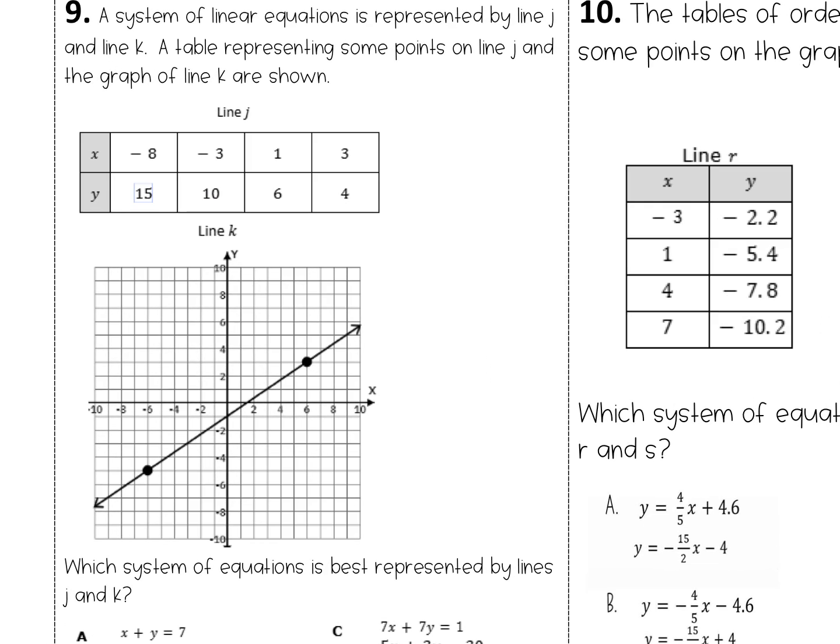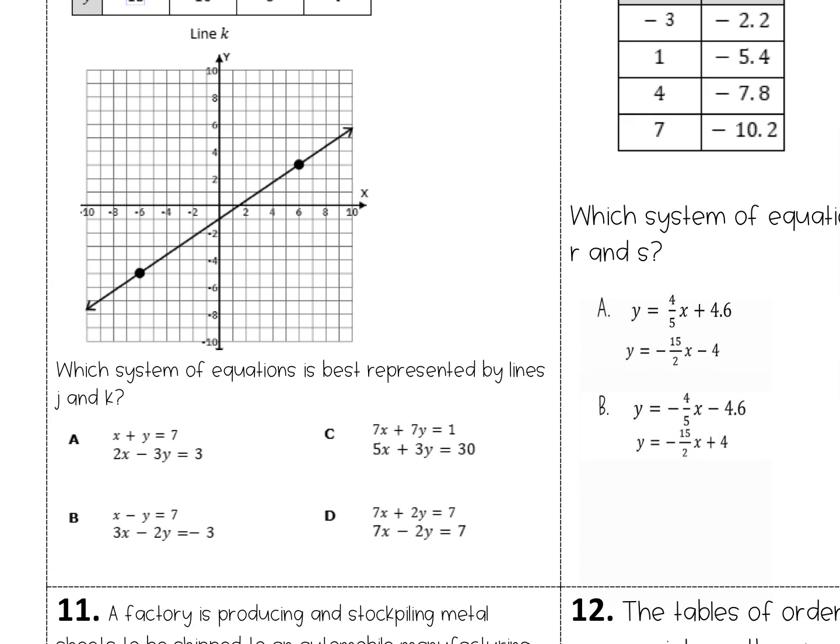Okay, on the next one, we have a table and a graph, and we need to find the system that it matches. The only catch is all of these answer choices are in standard form.